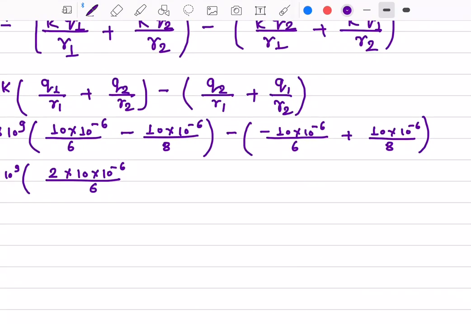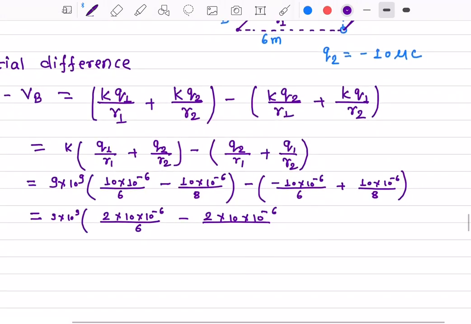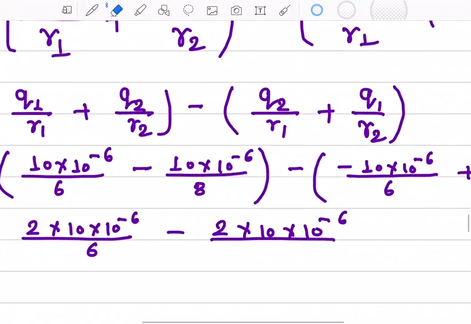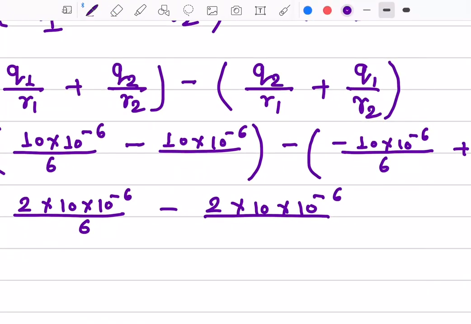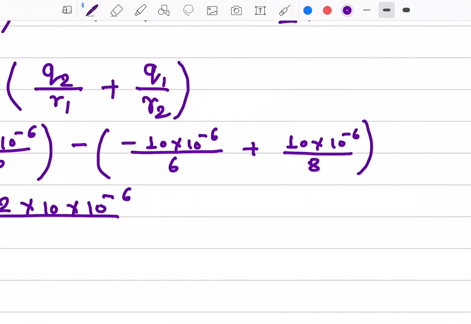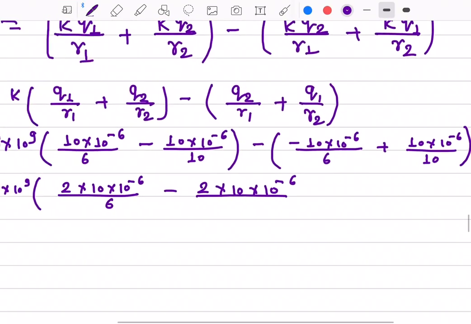At the same time, you can also add these two terms together. Positive times negative is negative, so this term and this term will be added. So what you have is 2 times 10 times 10 to the negative 6 divided by, no, I think this is 10 meter. My bad. R2 is 10 meter. For some reason I put 8, it has to be 10.